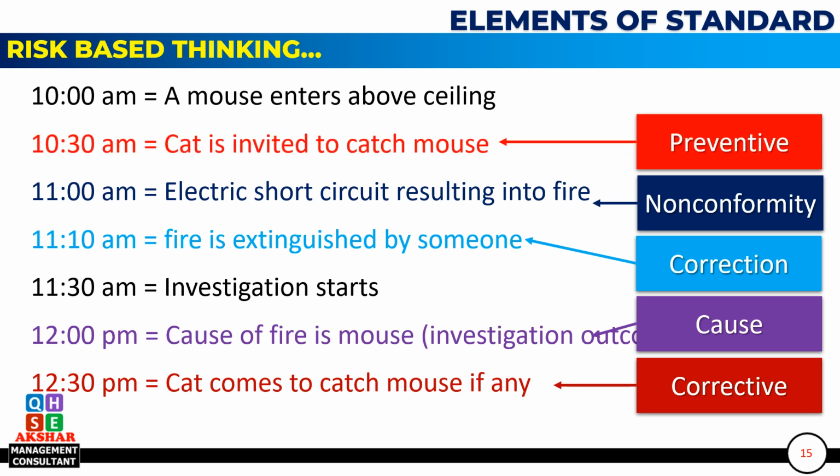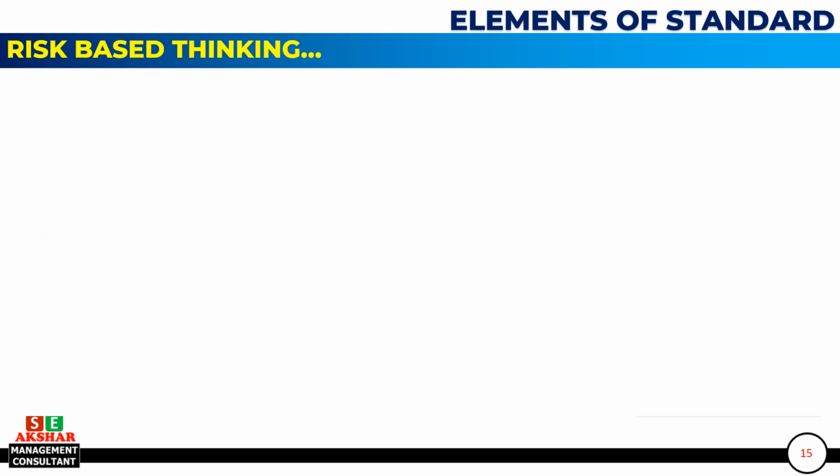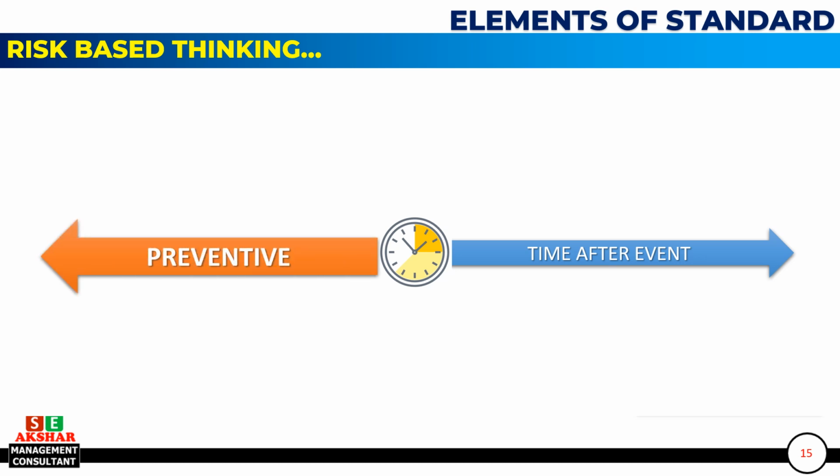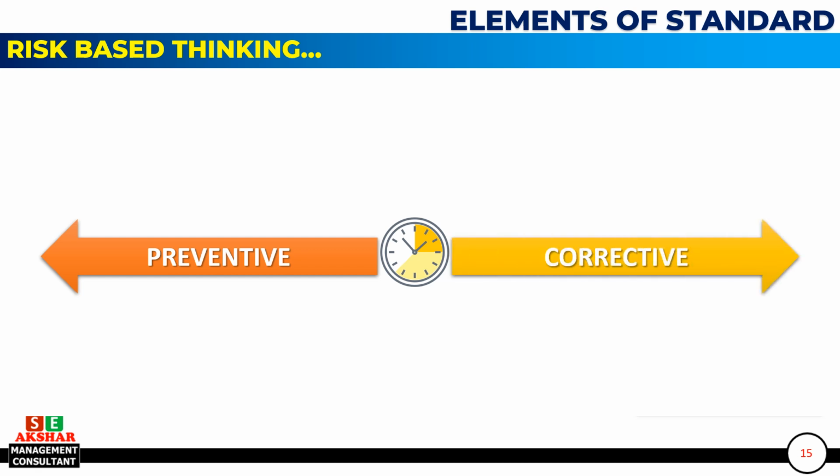Preventive action is also calling a cat to eliminate the mouse. The difference between corrective action and preventive action is the time to call the cat. If you call a cat at 10:30 a.m., before the fire event, it is called preventive action. And if you call a cat at 12:30 p.m., after the fire event, it is called corrective action.